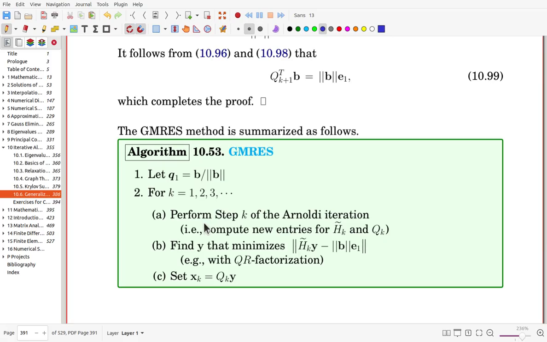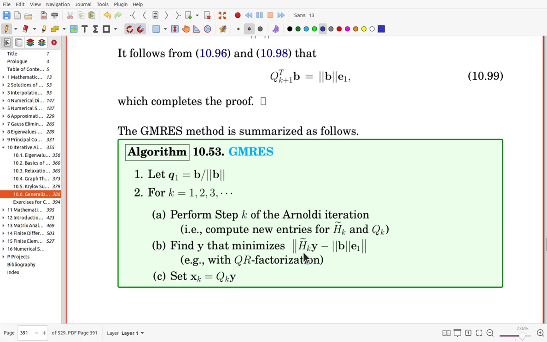In each iteration of the GMRES, we have to do one more step of the Arnoldi iteration, so that we can compute the new entries for H tilde k and Qk, and we try to minimize this norm over y by using QR factorization. You can do that quite effectively.